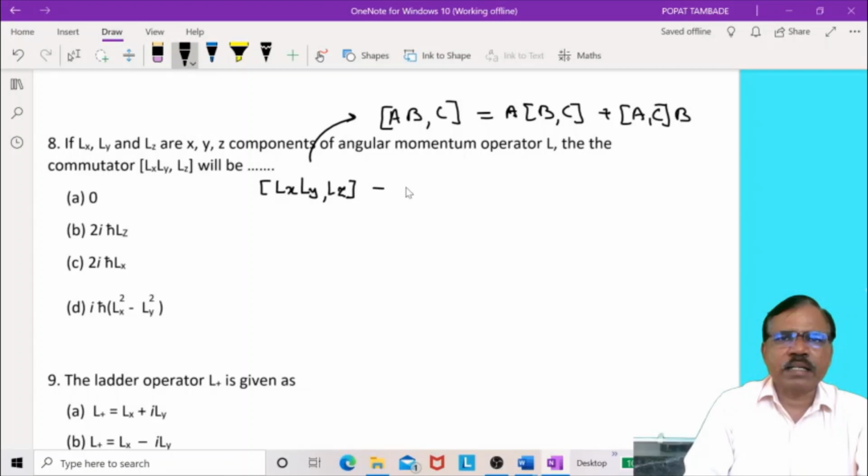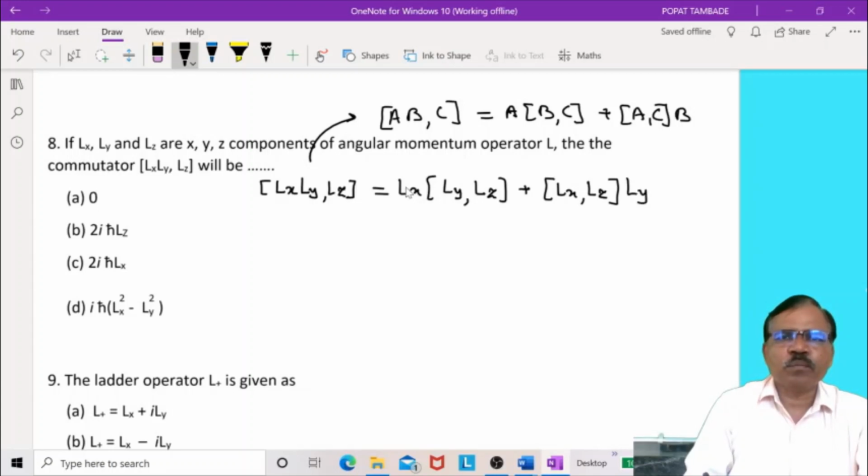So we can write this as Lx commutator [Ly, Lz] plus [Lx, Lz] multiplied by Ly.